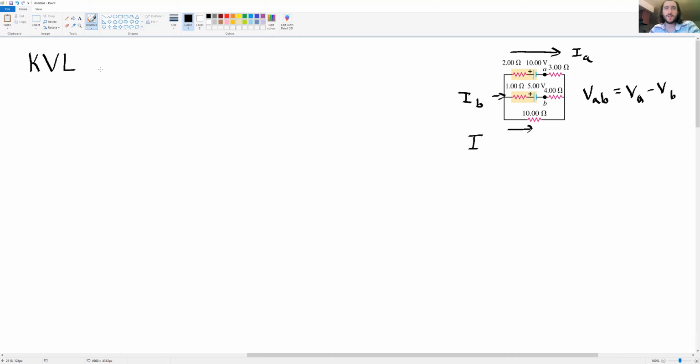Now, you may have noticed going through a lot of these problems that whenever you have a multi-loop circuit like this, you can never solve the question completely by only using KVL. You have to use KCL at least one time. And so what we're going to see here is two KVL equations and one KCL equation.